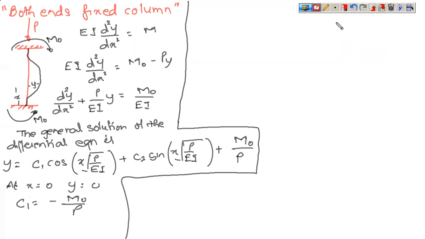Coming to the other boundary condition, at x is equal to 0, you again have dy by dx is equal to 0. So let us first calculate what is dy by dx.